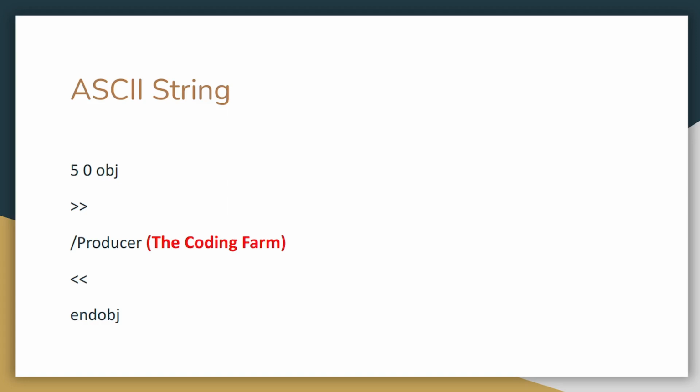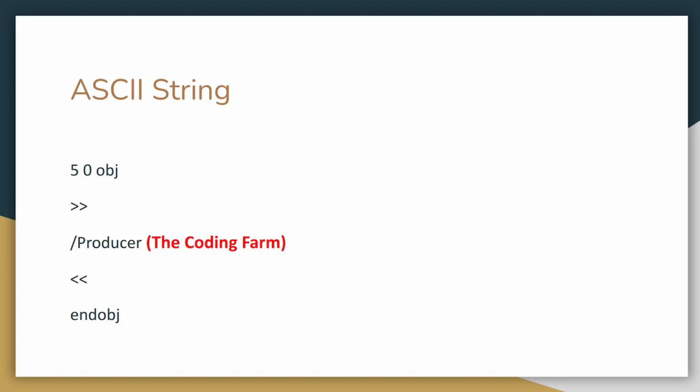So that red color font is a string object. Inside the round bracket, everything is considered a string. Even if you include a round bracket inside a round bracket, it would be considered a string. Anything that goes inside the round bracket is a string.